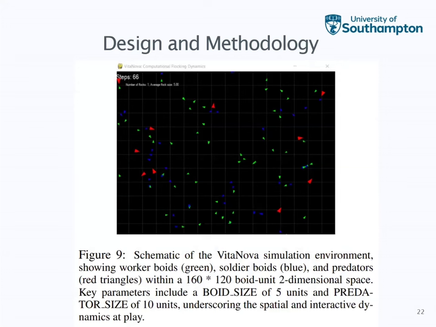And here's the design methodology of Vita Nova. We have a 2D square and some agents I call boys. The green boy is the worker boy and the blue boy is the soldier boy. The red one is a predator, randomly distributed in the environment.